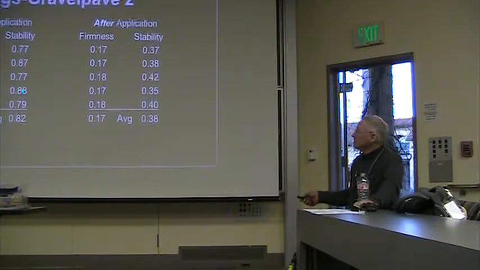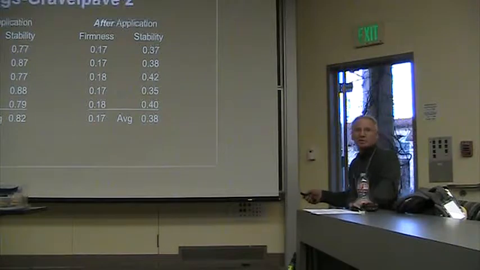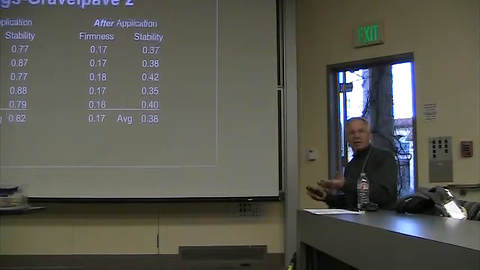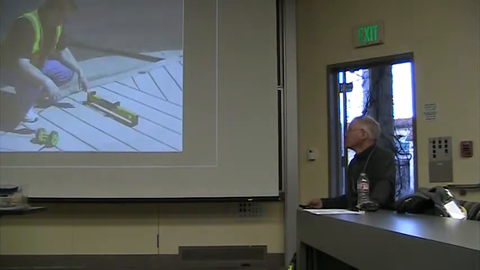Here you can see before the application, pretty firm, 0.2 of an inch, but look at the stability. It's like 0.7 to 0.8 inches of penetration, and after we stabilized it, we're down to 0.3 or 0.4 inches of penetration. So we can objectively measure how stable it is with that device.